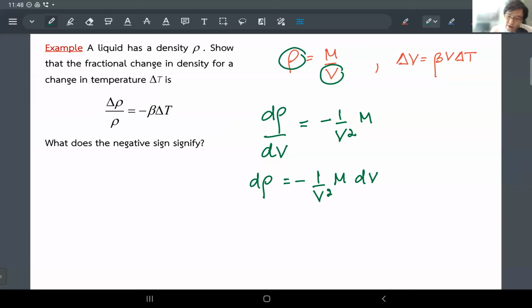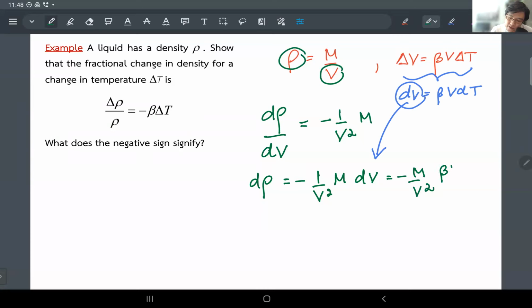Then I can use the one that is already converted into a differential form as well. Remember, we can turn it into a differential change. So dv here can be replaced by beta v dt.